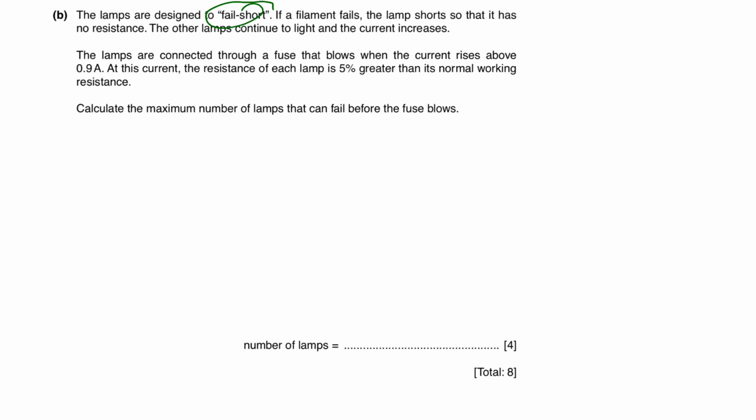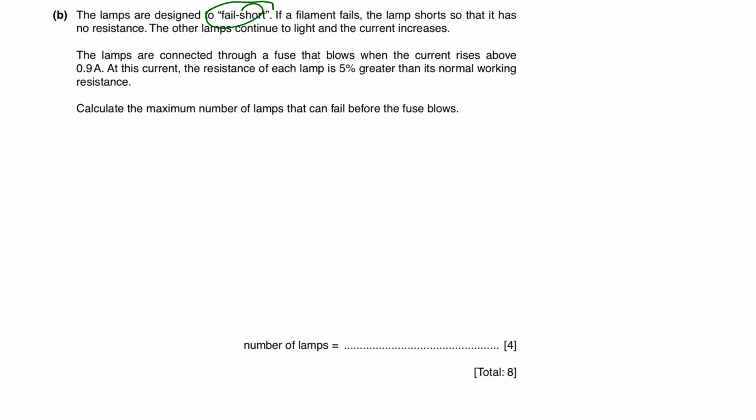In the case of parallel, if one fails, it doesn't make any difference. But here, instead of making it parallel, they have kept the series condition and used this fail short concept. So if one lamp gets fused, the other lamps will still work. Generally in series, if any lamp filament goes off, the other lamps also stop working.